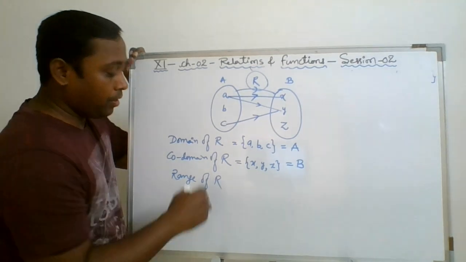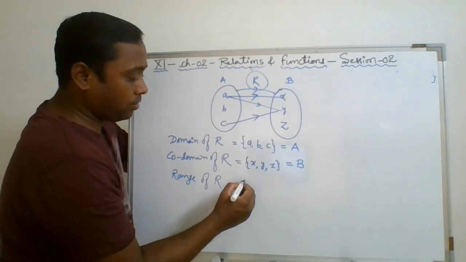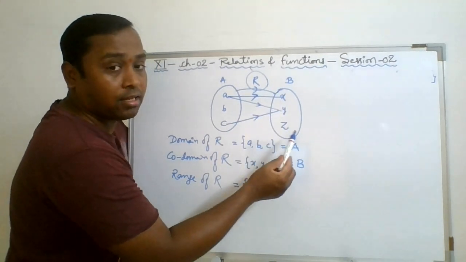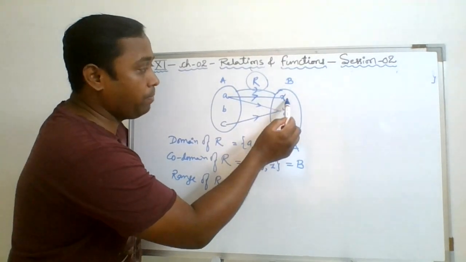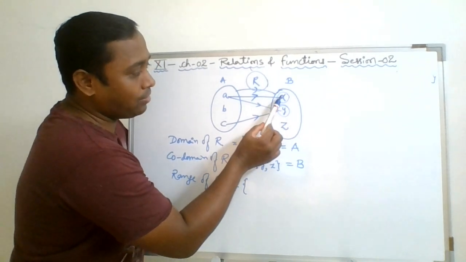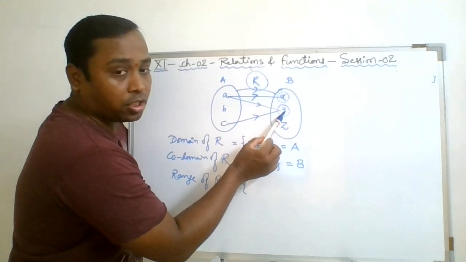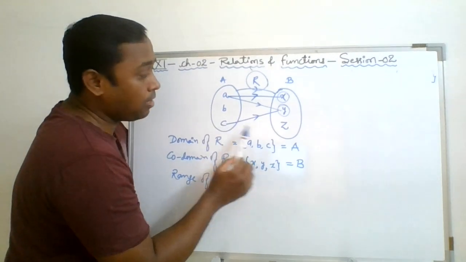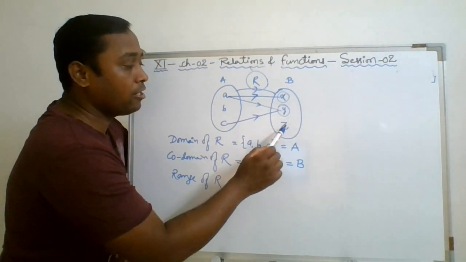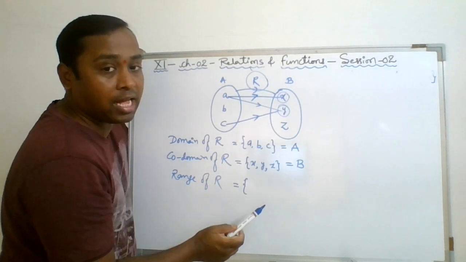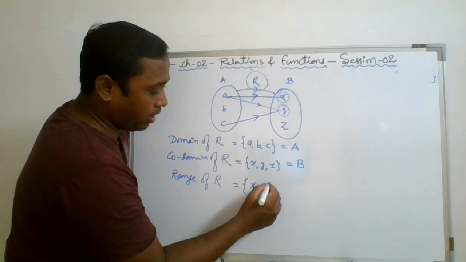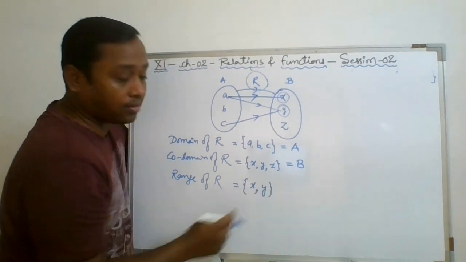Third, range means only those elements of set B, the second set of elements, will be counted which are in relation. So X and Y are in relation with some elements, but Z has no relation with the first element, so Z is not counted in the range. Only X, Y will be counted as the range.